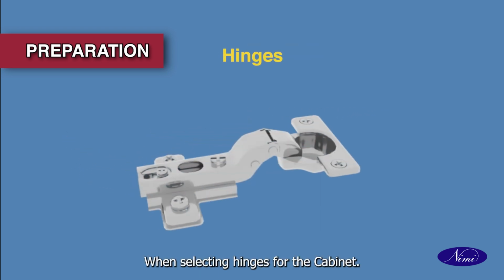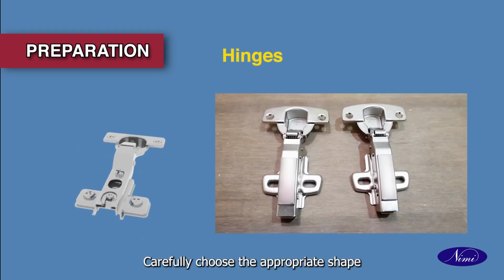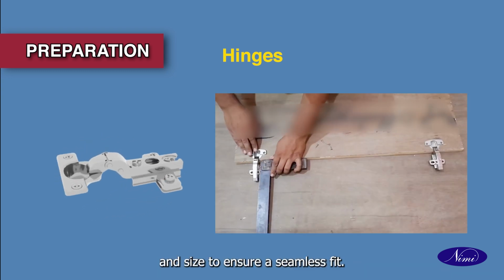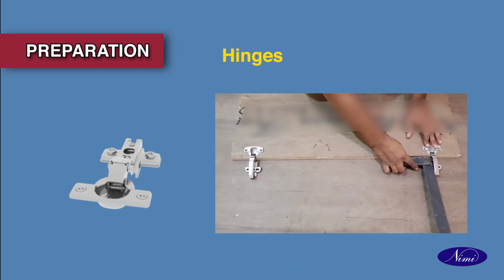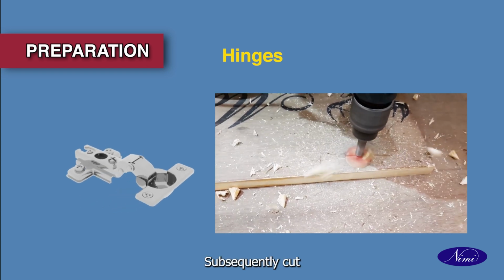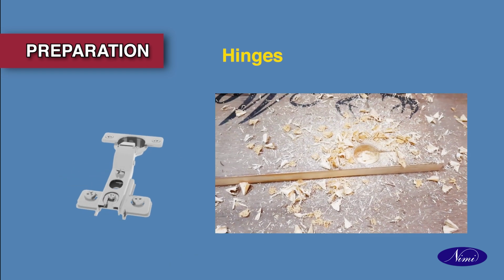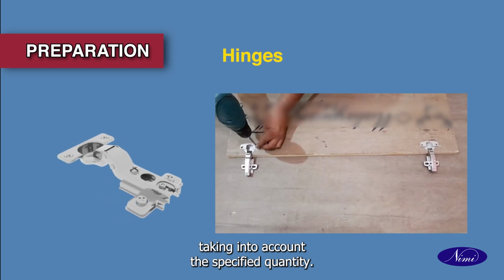When selecting hinges for the cabinet, carefully choose the appropriate shape and size to ensure a seamless fit. Subsequently, cut the plywood according to the designated measurements, taking into account the specified quantity.